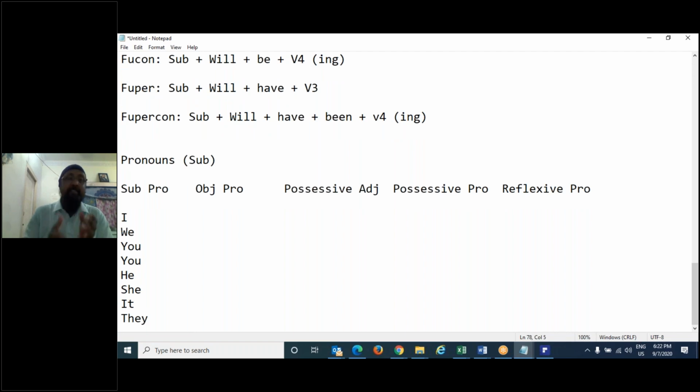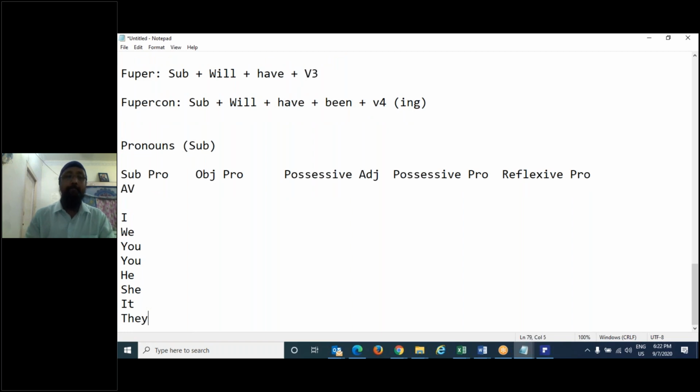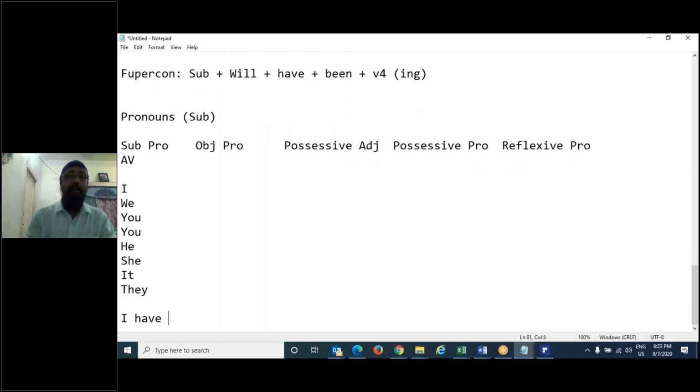That means these are the pronouns that we use when we begin a sentence, and they are considered to be the subject pronouns. And whenever we are using these pronouns, then the sentence mostly remains in active voice. For example, I say, I have completed this work.